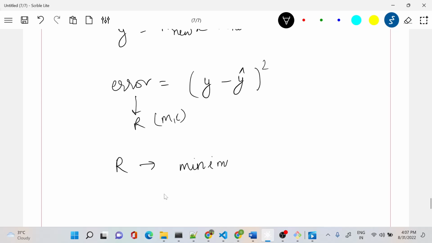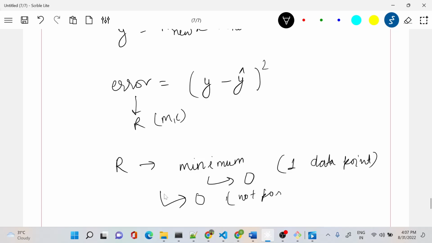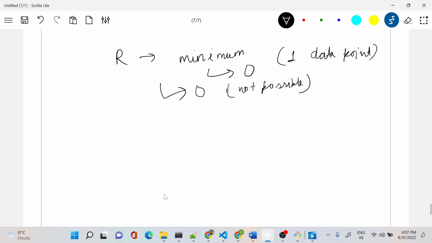Hypothetically it is said that it should be 0. 0 is possible when we have just one data point, but when we have several data points, hypothetically 0 is not possible. In some cases it can be, but in most cases our loss term cannot be 0.